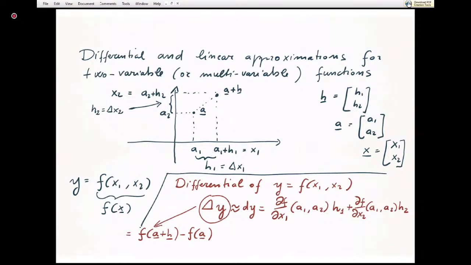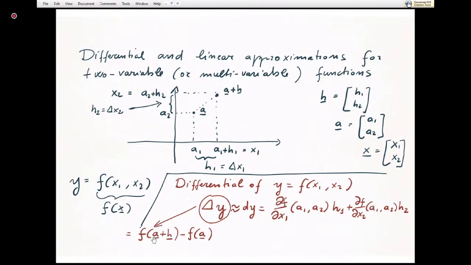When we take the linear approximation, instead of focusing on the increment, we focus on the variable, okay? So h1 is x1 minus a1. It's the length of this segment, this difference. h2 is just x2 minus a2. Okay? And what is the differential? It's an approximation of f of a plus h minus f of a.